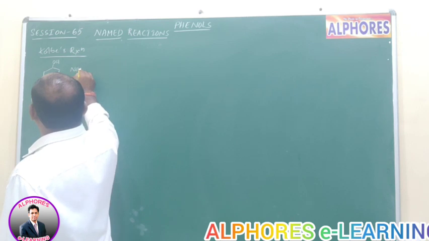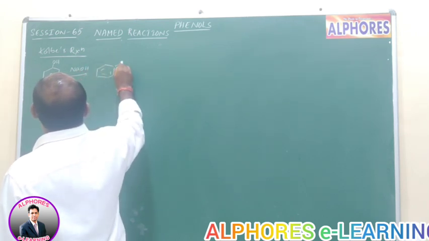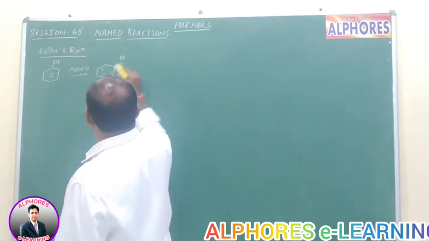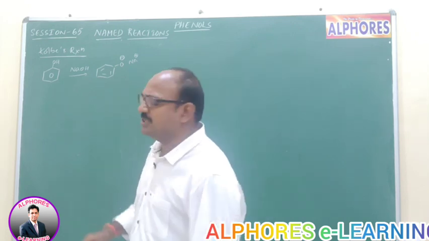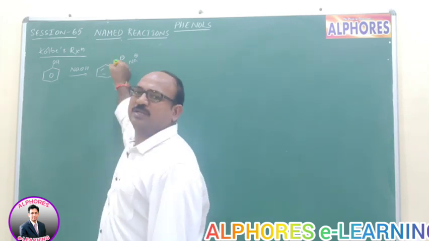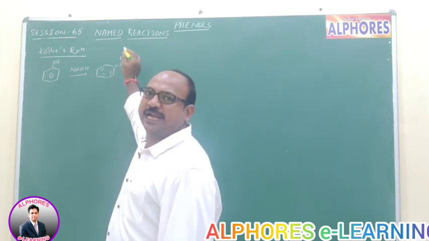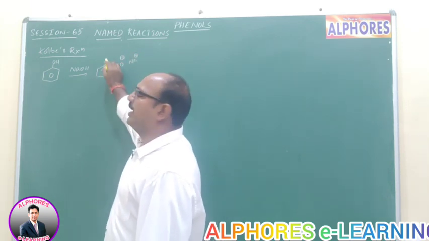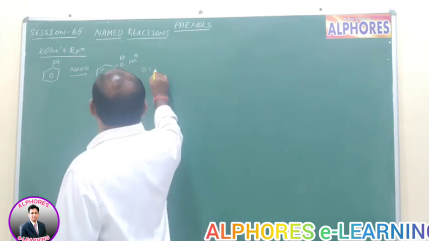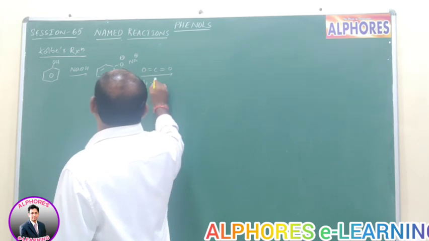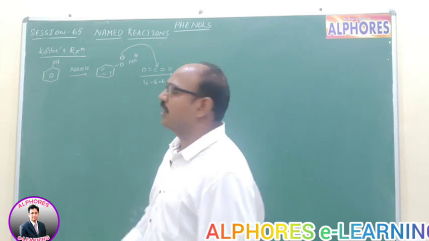Phenol upon reaction with sodium hydroxide gives sodium phenoxide. So we get O minus Na plus, and we know that this O minus oxygen is electron rich. Now this oxygen lone pair is involved in delocalization, and it makes the ring electron rich, meaning it activates the ring, and ultimately we get negative charge at the ortho and para positions. Now upon treatment with CO2 at 4 to 6 atmosphere pressure, this O minus has to attack the carbon.